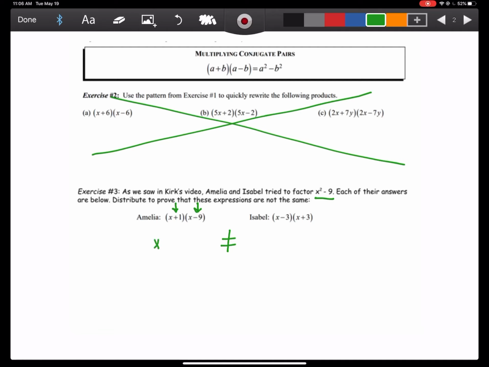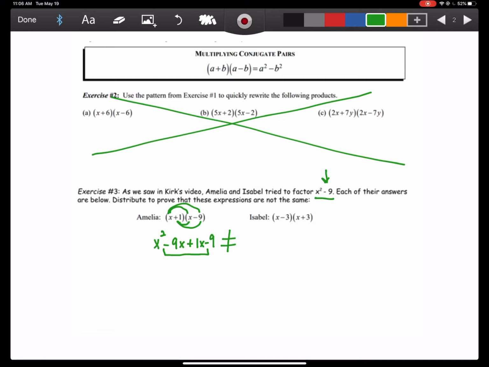X squared, x times x, and then x times negative 9. And then on the second term, positive 1 times x, and positive 1 times negative 9. It's not looking promising. This cannot equal this difference of two perfect squares.